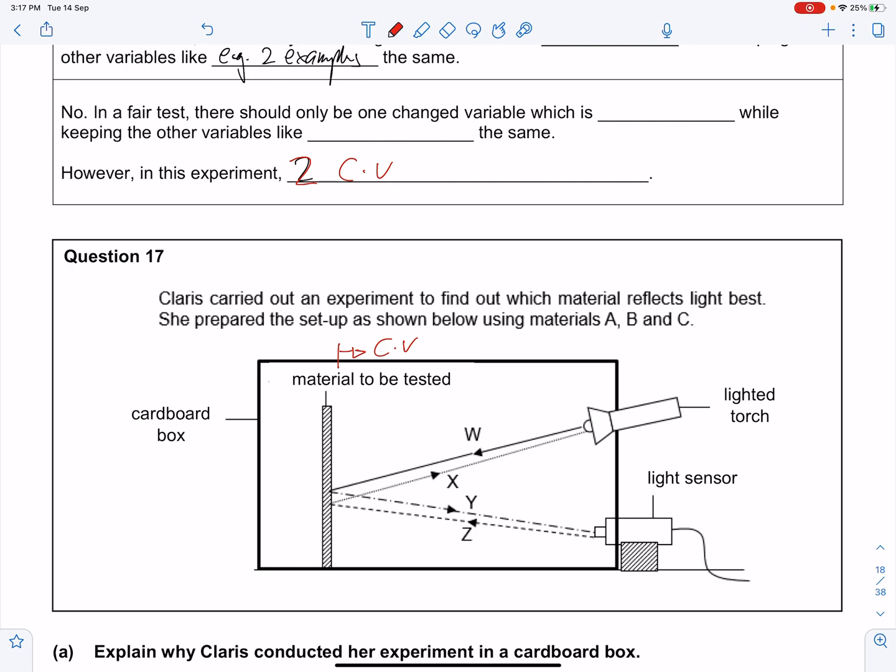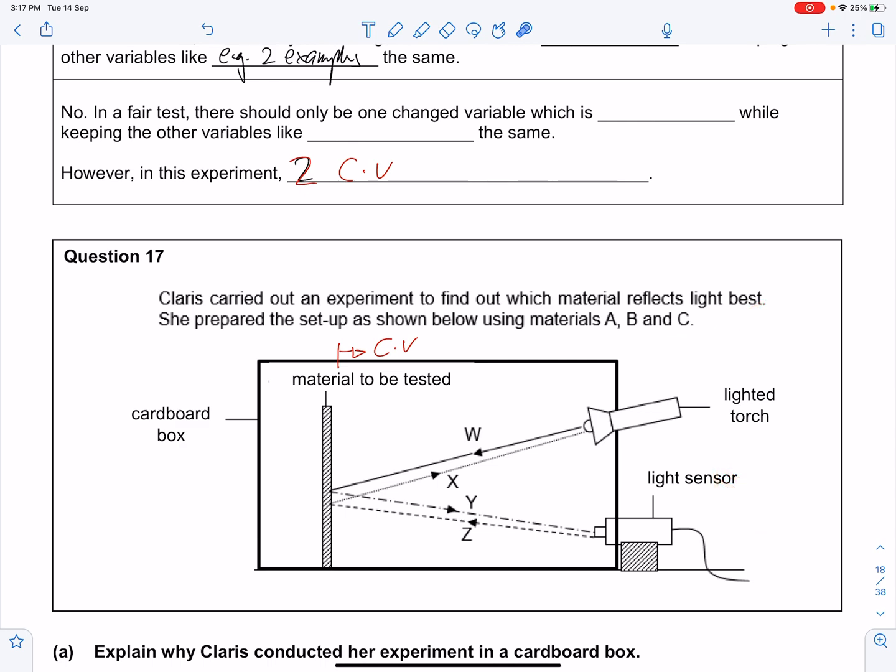What are some of the variables? Let's talk about it. You have your lighted torch, which gives you your amount of light, your light intensity. You have your light sensor, it should be the same model. You should be in the same environment, even temperature, even everything. Now, if you do not conduct it in a cardboard box, there could be other light sources from elsewhere in the room.